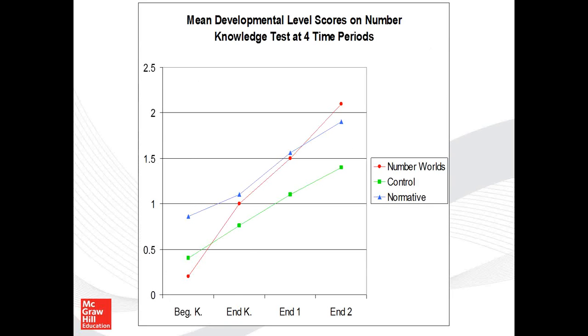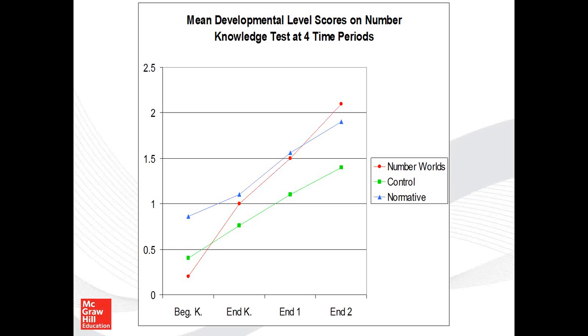Now this first graph takes a few minutes to make sense of. It shows changes in students' conceptual understanding of number. It shows mean developmental level scores on the number knowledge test at 4 time periods: the beginning of kindergarten on this horizontal axis, the end of kindergarten, and the end of grades 1 and 2.